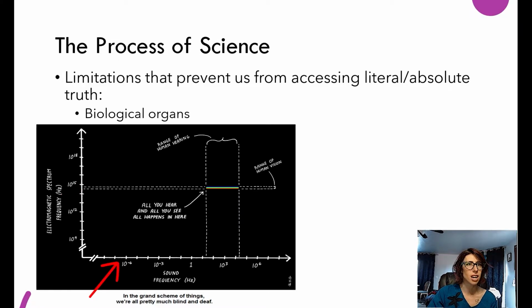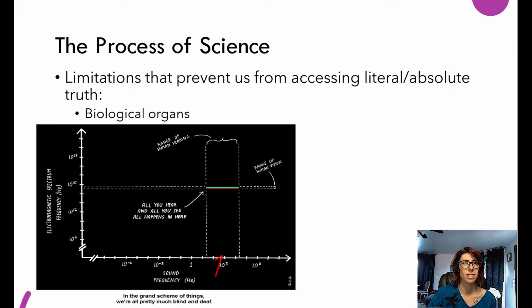And then on this axis, we have sound frequency. This represents the frequency of sound that exists in the universe. And here you have a narrow band representing everything we can hear. We can't hear all sounds that exist even on our own planet. So there's a lot of the universe and a lot of our surroundings that we simply can't detect using what we have built onto us to detect sight and sound.